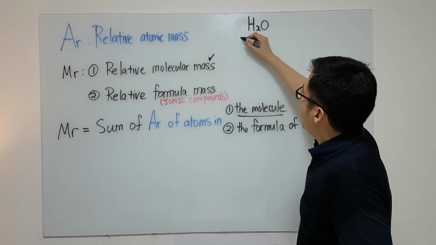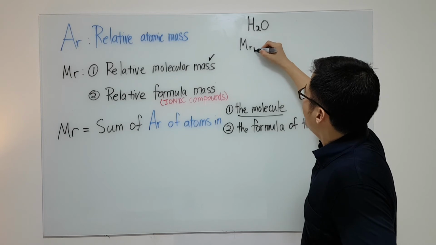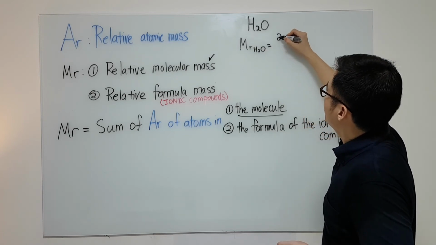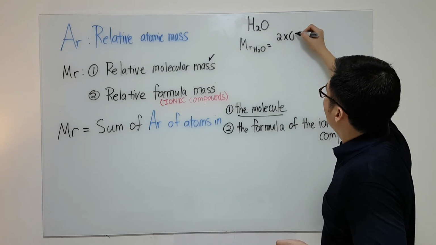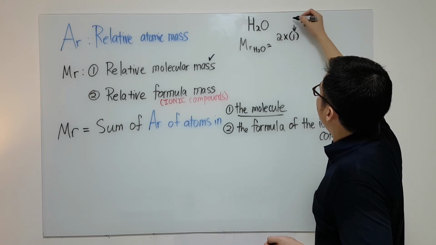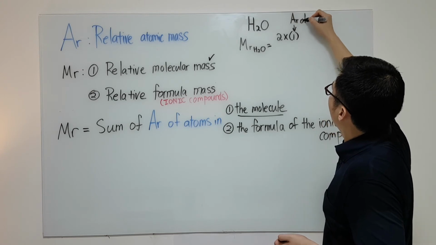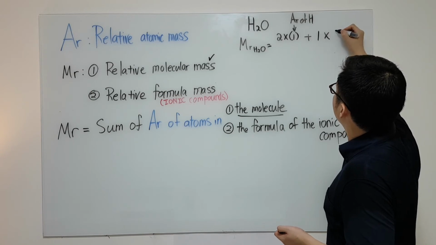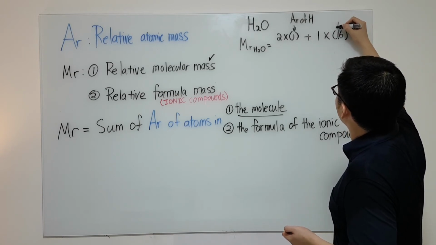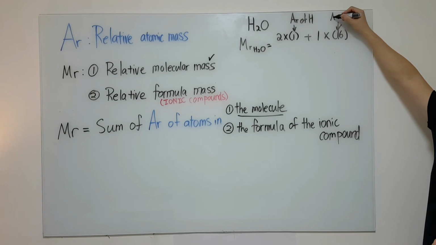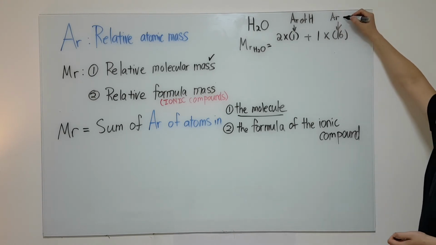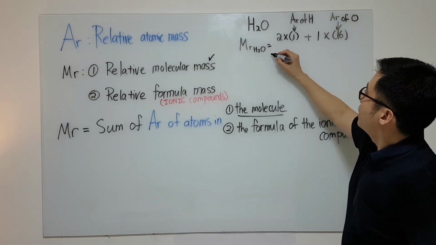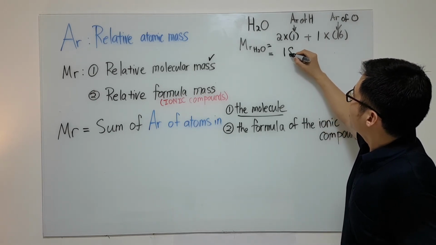To find the Mr of H2O, all we need to do is to take 2 times 1, because 1 is actually the Ar of hydrogen, plus 1 times 16, because 16 is actually the Ar of your oxygen, and this will give us a total of 18.